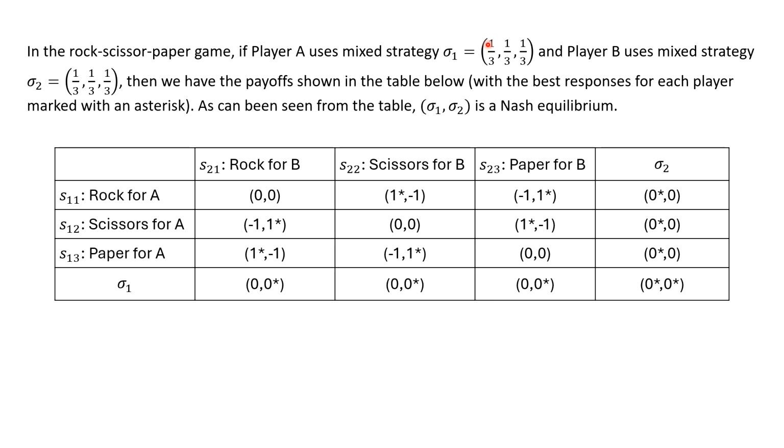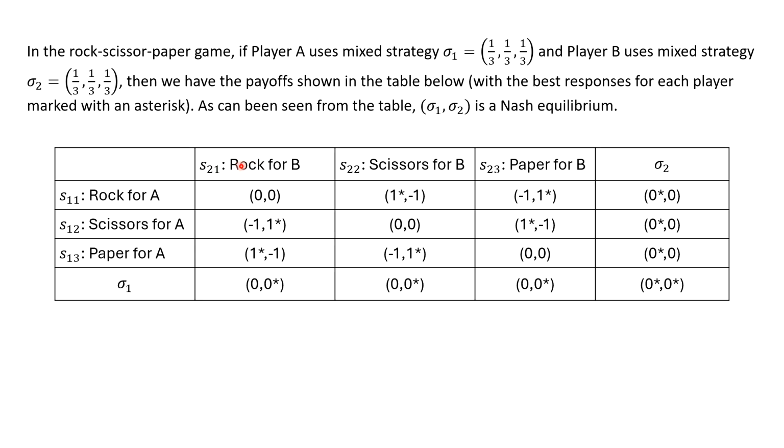In other words, A would play rock a third of the time, scissors a third of the time, and paper a third of the time, making sure that that's done randomly. And then we have the same similar strategy for B. So I put those in our matrix and I extended our matrix. And then we can do the analysis to find the Nash equilibrium.